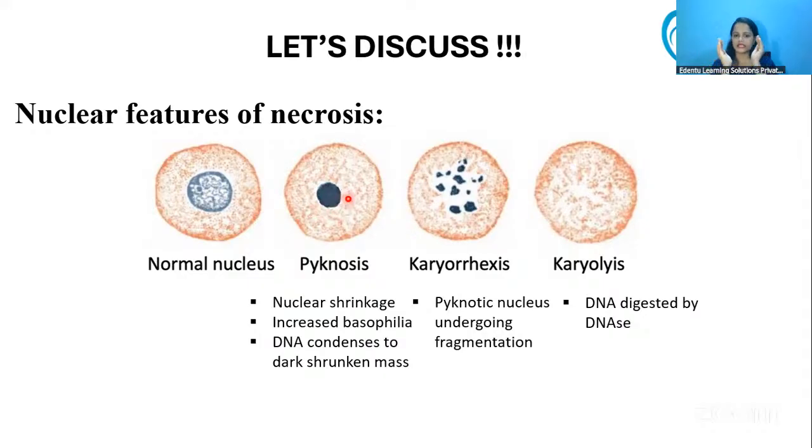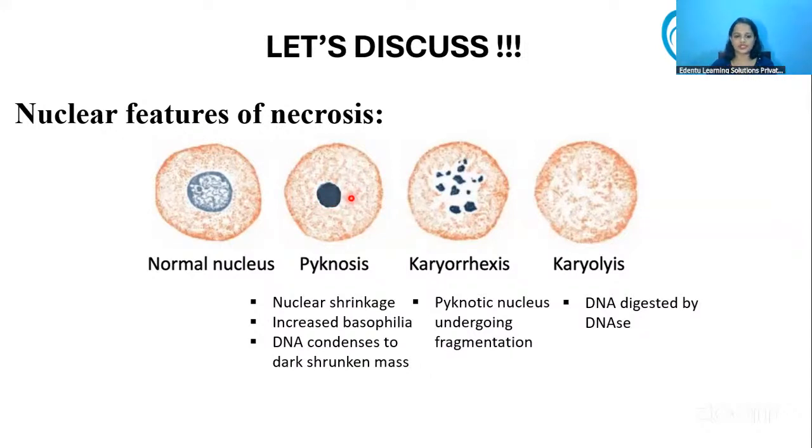The contents of the nucleus are getting condensed, so DNA is condensed inside this pyknotic nucleus, which creates a very dark blue color. This dark blue color is called increased basophilia.